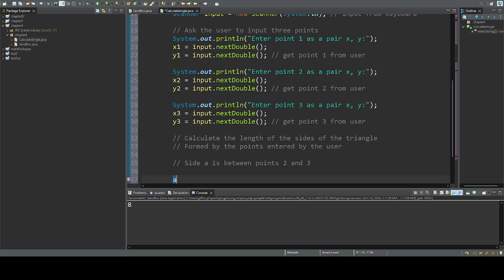So A is going to be a length. So now a length function, you had a program in chapter 2 where you calculated the length.